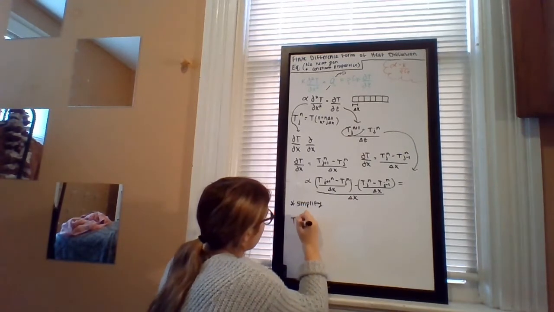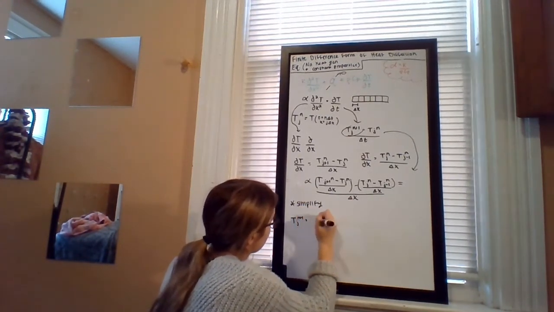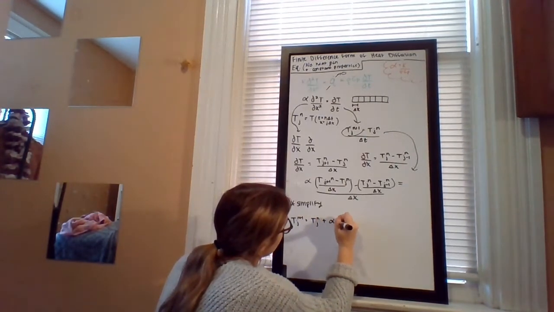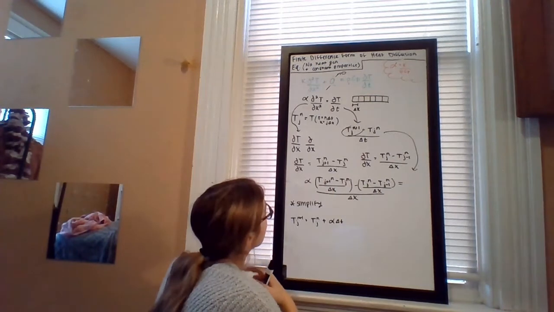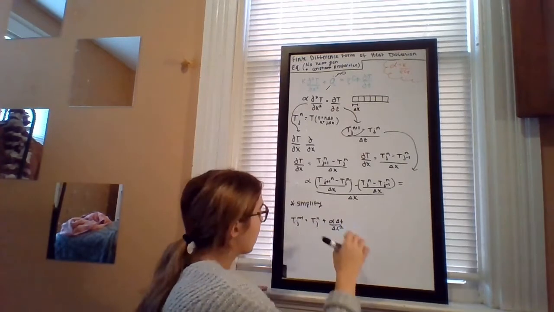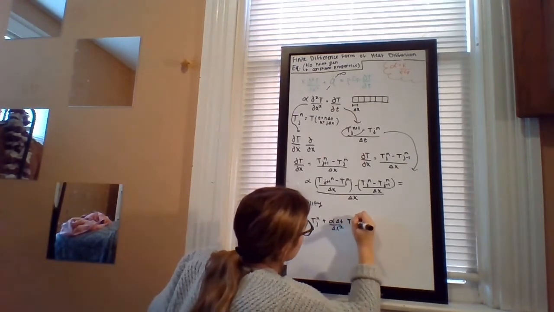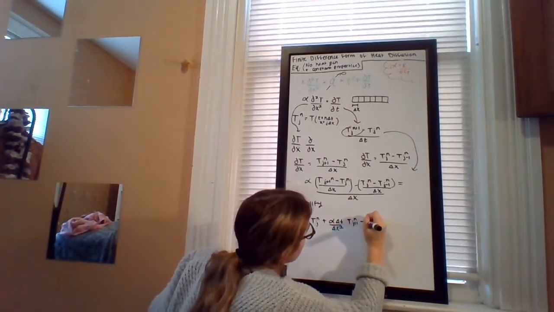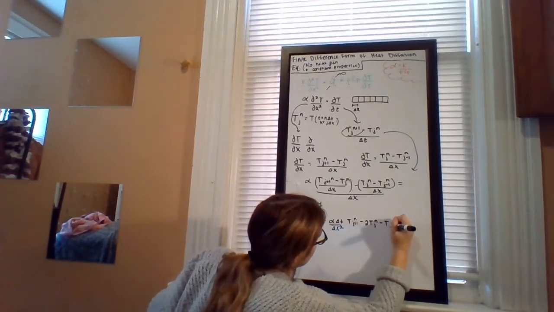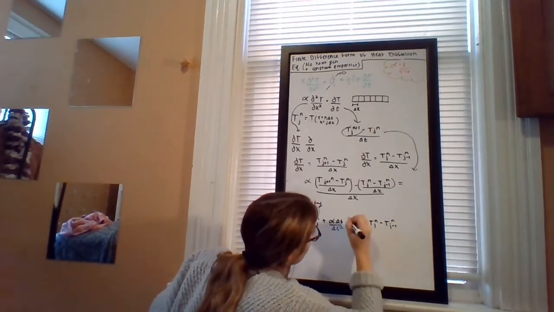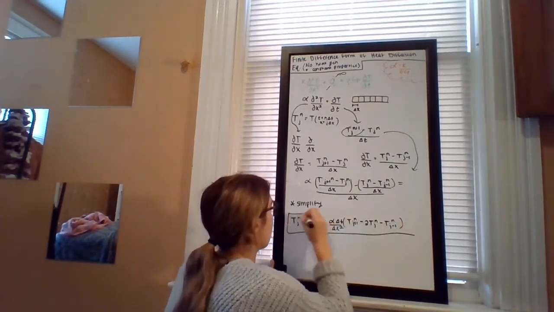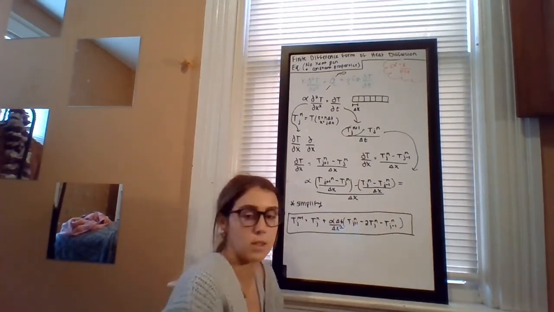You get T_j^(n+1) equals T_j^n plus alpha delta t over delta x squared from here. And then you'll end up with T_(j+1)^n minus 2T_j^n plus T_(j-1)^n. And then there is your final answer.